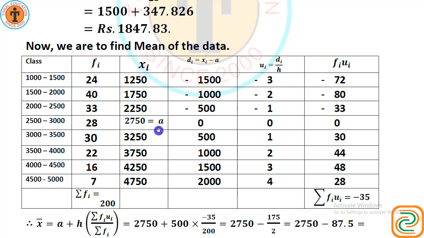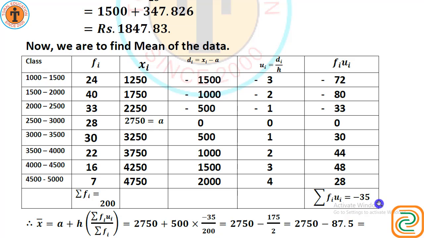Di is Xi minus A. Ui is Di upon H, H is 500, so we divide each by 500 and we get Ui, and then FiUi is the multiplication of Fi and Ui.